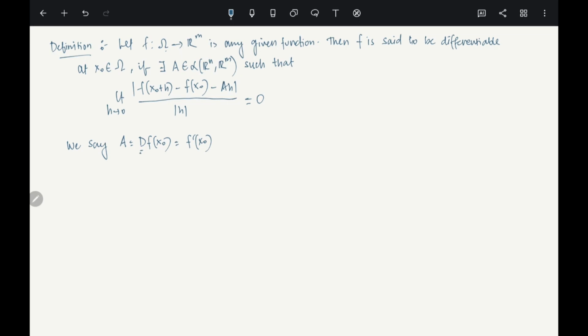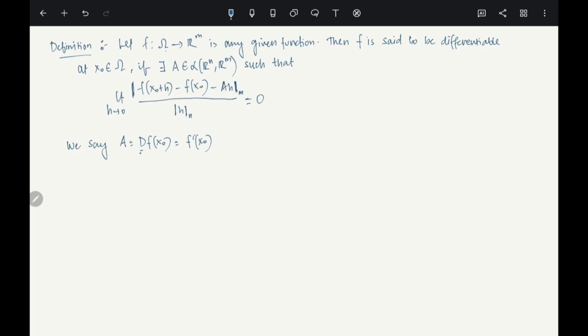Okay, now if it is differentiable at every point x naught in omega, then of course it is differentiable in omega, so that is always there. You guys already know that. Please remember this: the norm in the numerator is in Rm, and the norm in the denominator is in Rn.